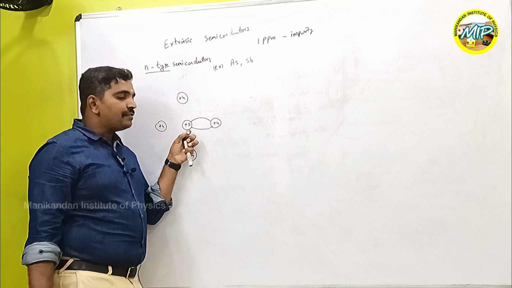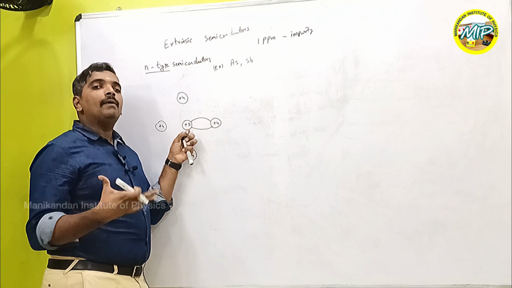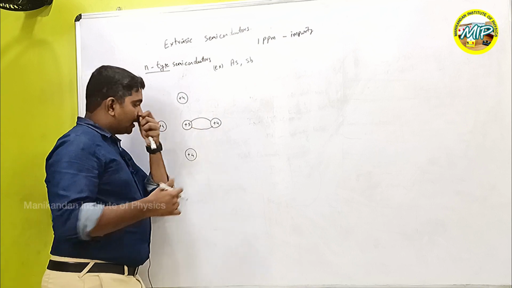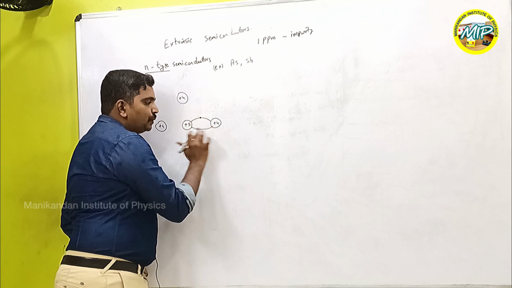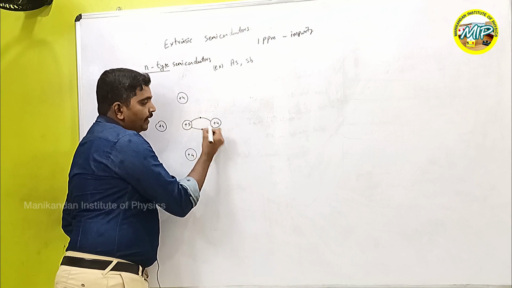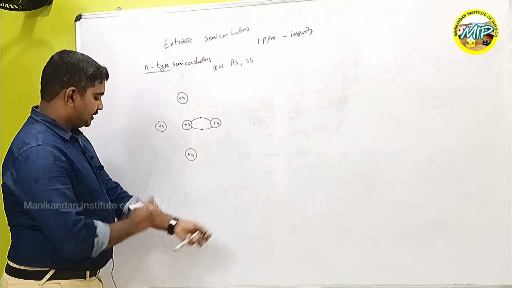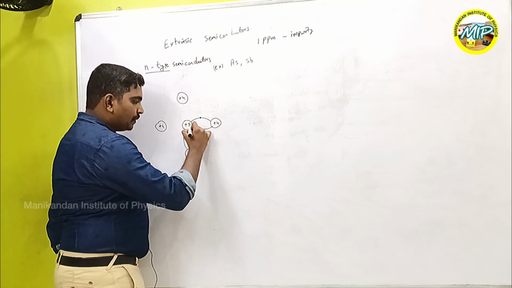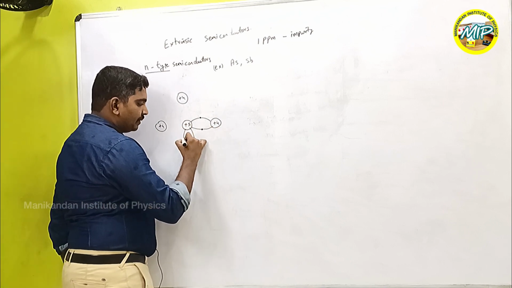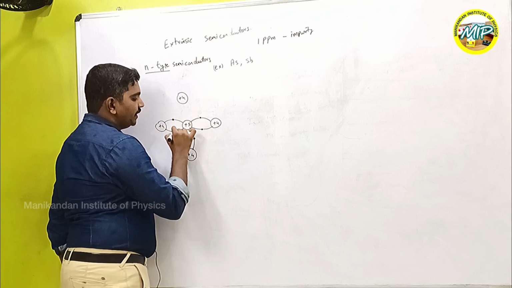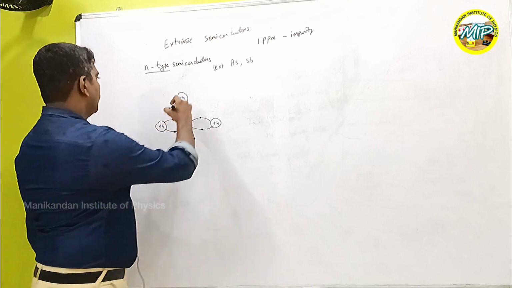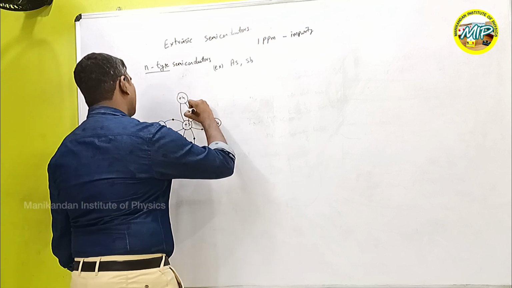It's a pentavalent element which forms covalent bonds with the silicon. So that's a sharing of electrons, one from the impurity, one from silicon. Again one from the impurity, one from silicon, again one from this and one from this.